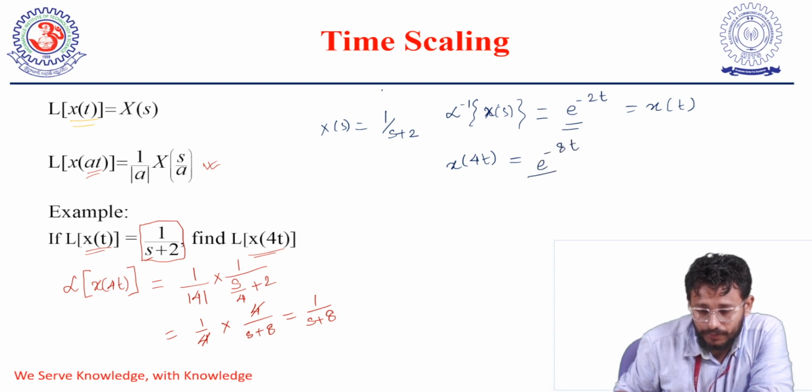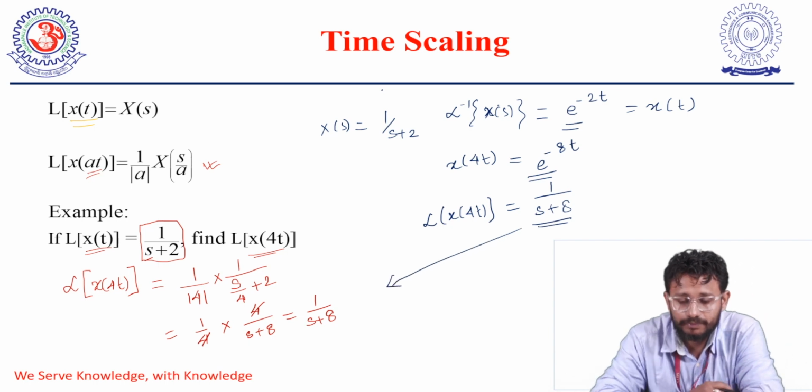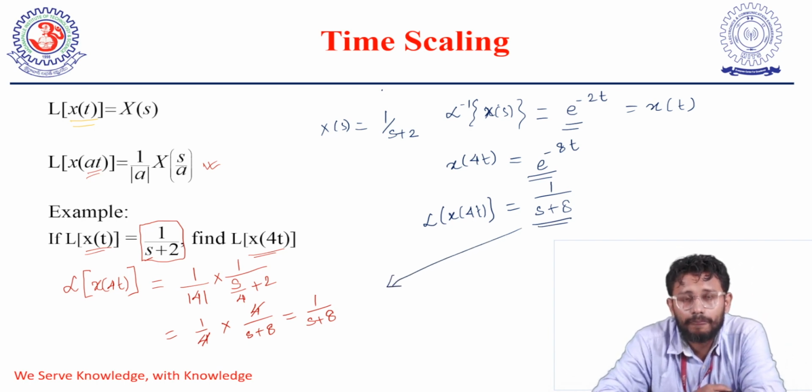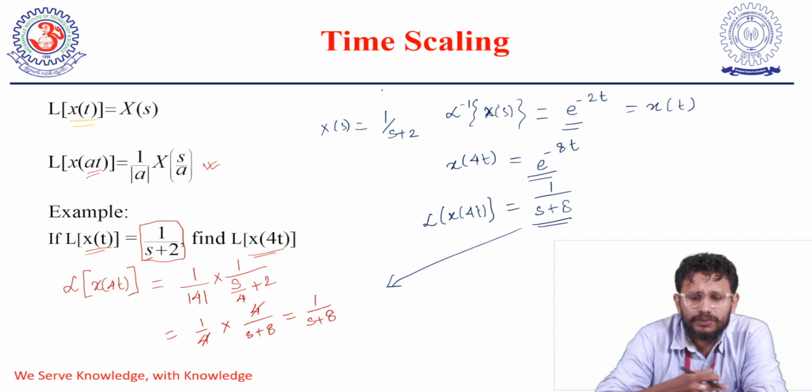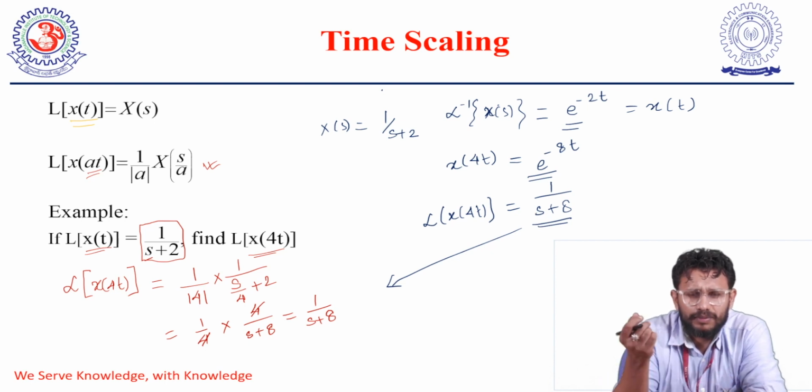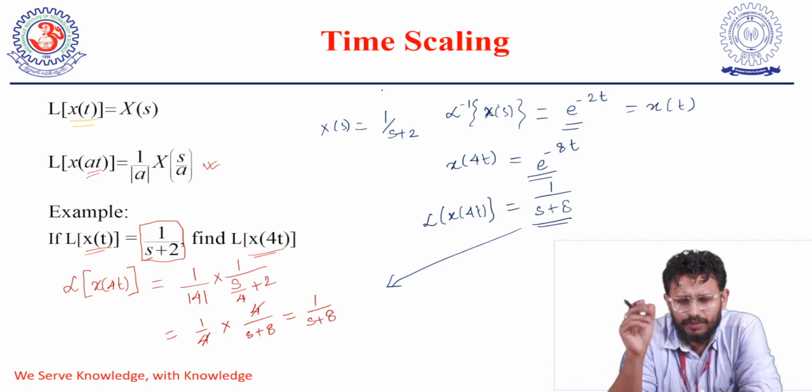And what exactly would be the Laplace transform of this expression? Yes, it would be 1 over s plus 8, which is also obtained by the property. You can observe it. We're supposed to give a good amount of practice to these properties.